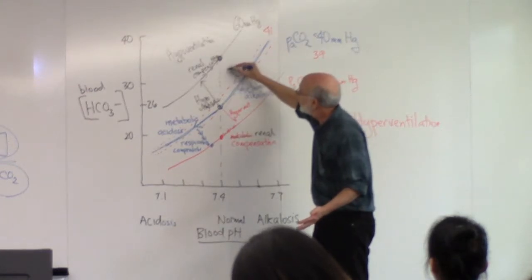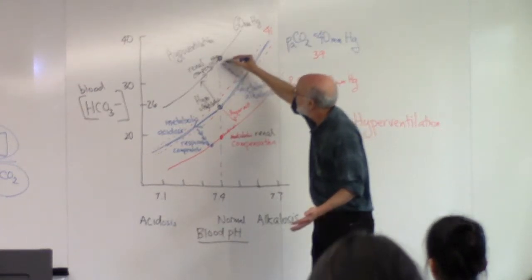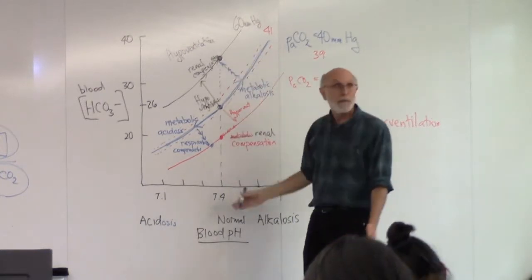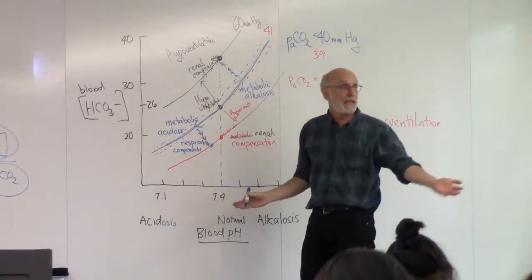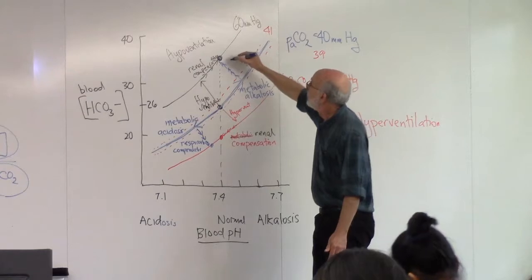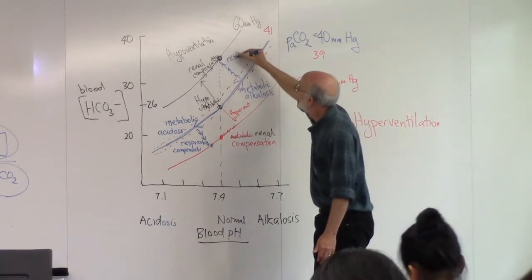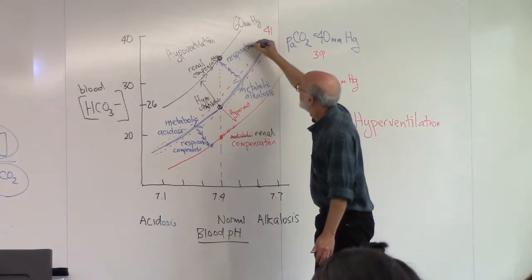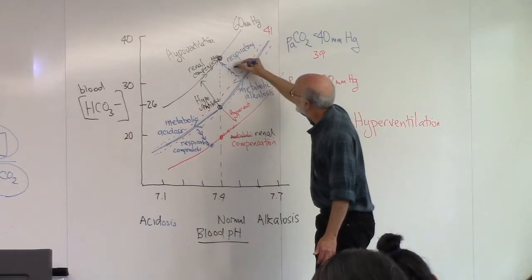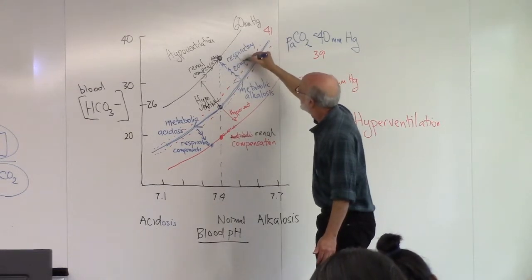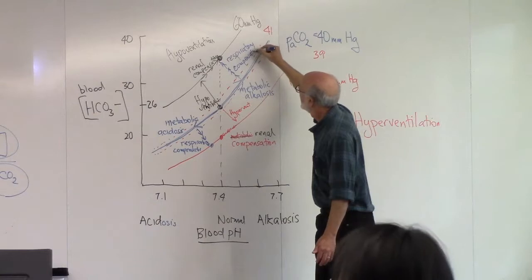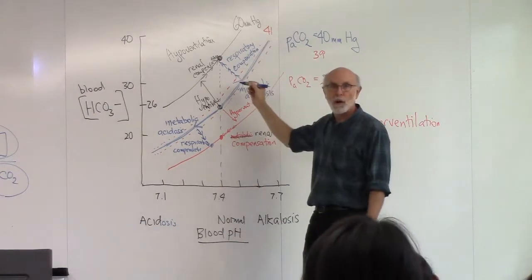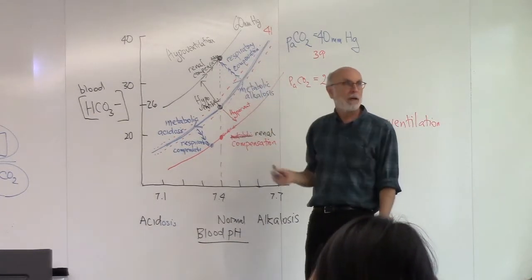Well, we do respiratory compensation for the metabolic alkalosis to try to keep the pH normal even though we're excreting a bunch of acid, and this is respiratory compensation for metabolic alkalosis.